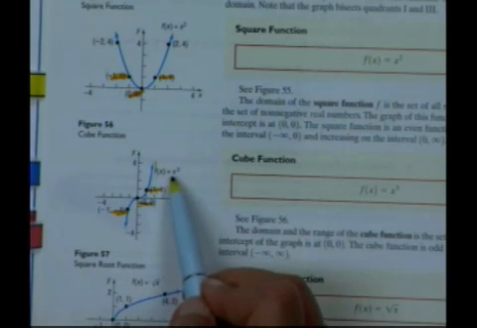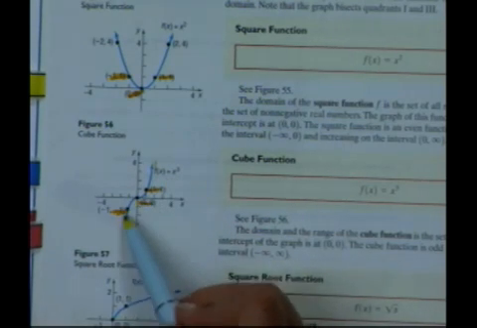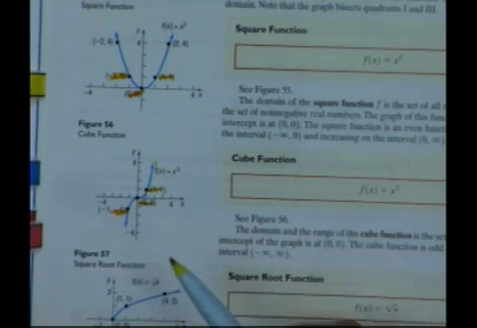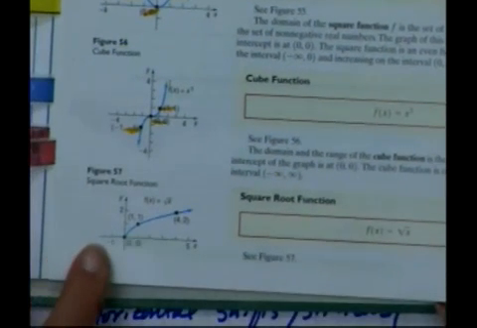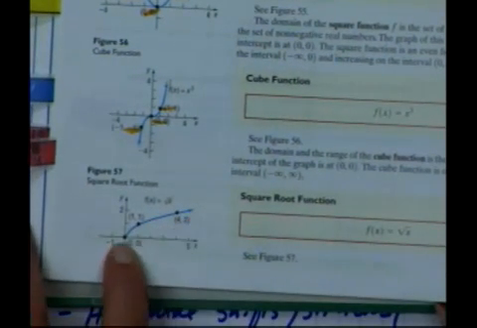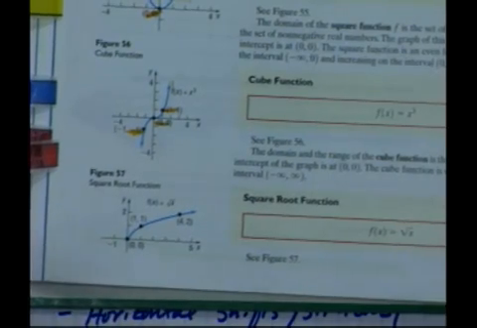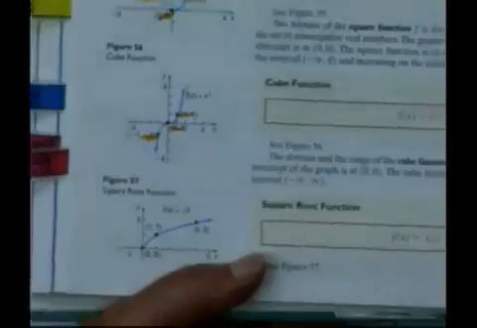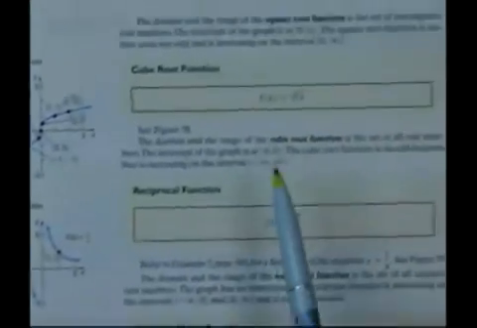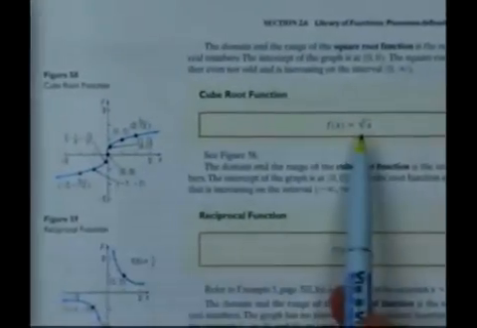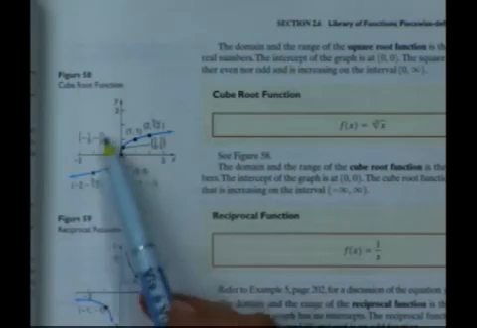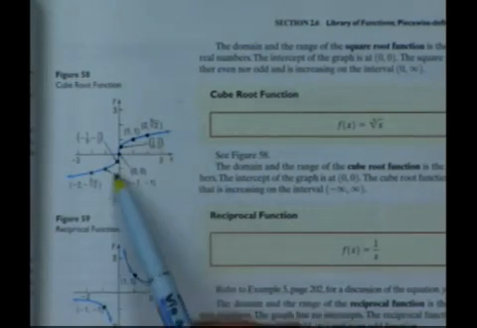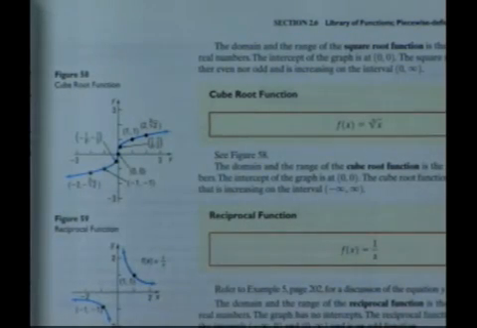But when you cube a negative, you're going to get negative values. So when x is less than 0, it's going to head down. Okay? And we already did the square root function with its 3 key points. And we already did the cube root function just a second ago, and you told me it was an S. That's pretty good.